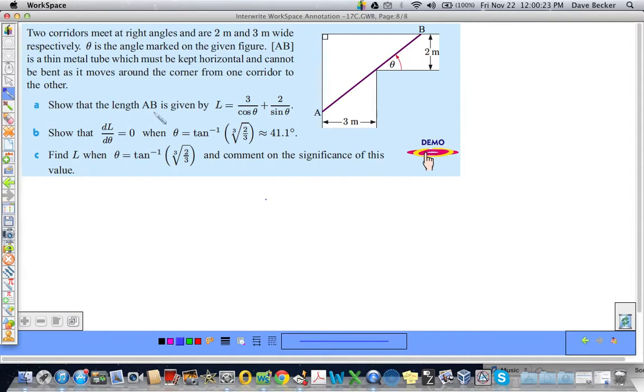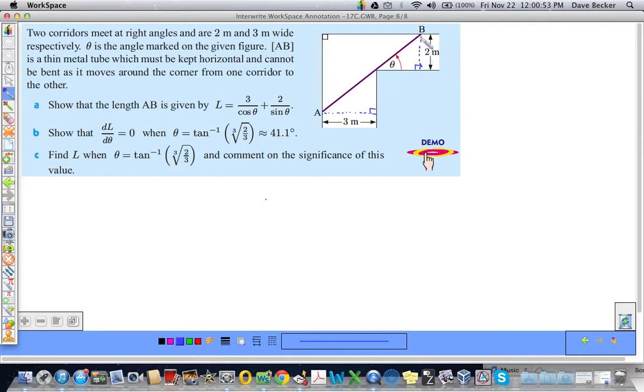Show that the length AB is given by capital L equals 3 over cosine theta plus 2 over sine theta. That seems a little daunting maybe, but if we just draw an auxiliary line here, perpendicular to the wall, and then draw another one here, perpendicular to the wall, we can use our good friend right triangle trigonometry.